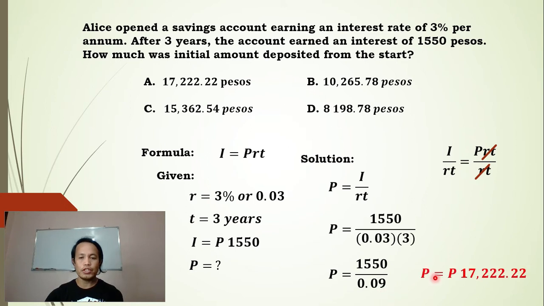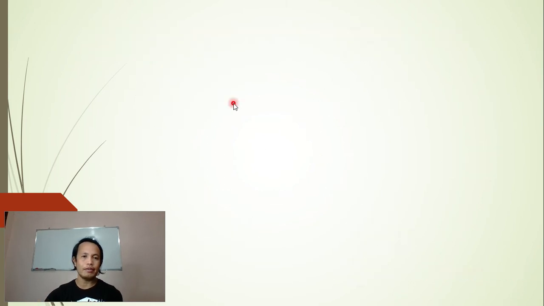Of course, this will be equal to 17,222.22 pesos. So this is now the principal, or the initial amount that Alice deposited when she opened her savings account. Therefore, the correct answer is letter A, 17,222.22 pesos.